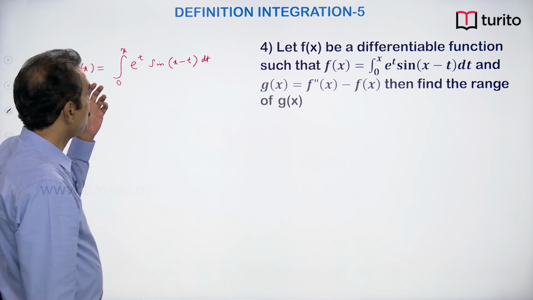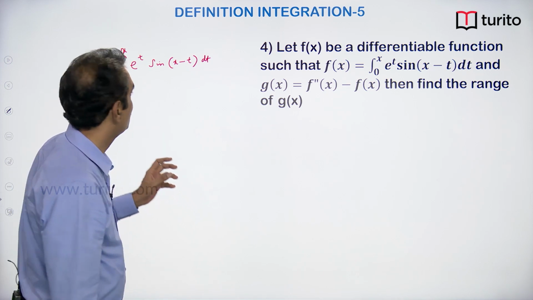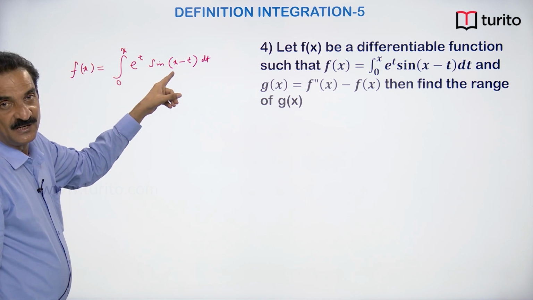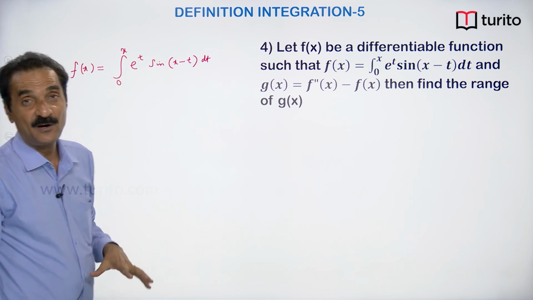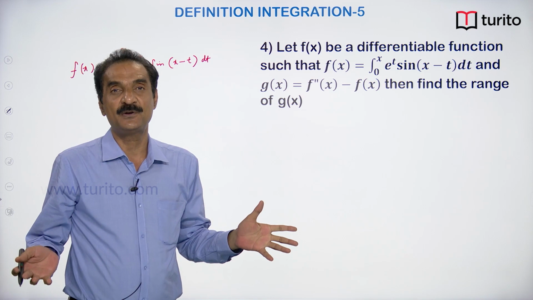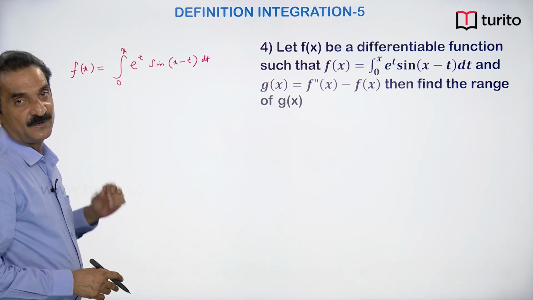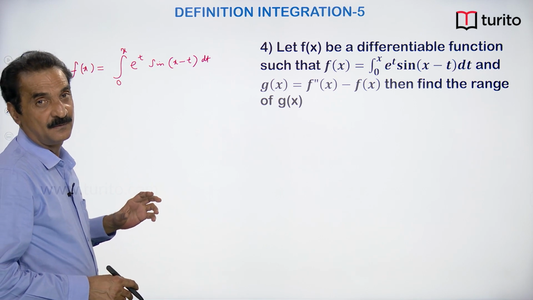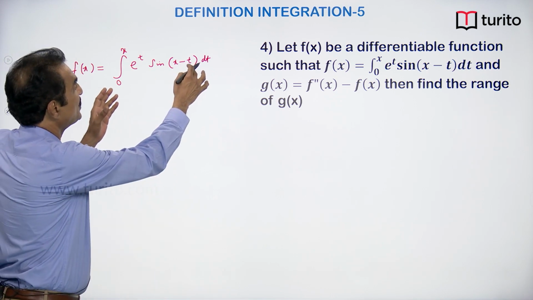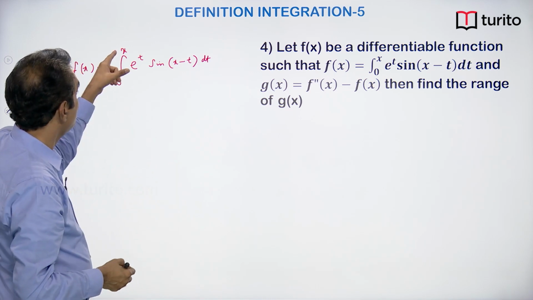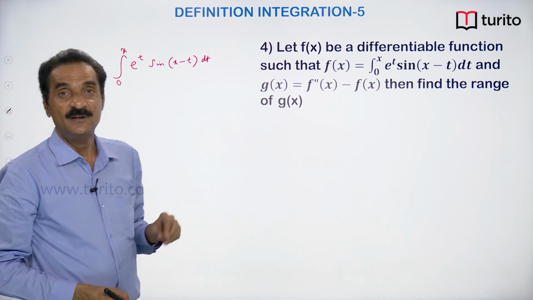Now, if you want to differentiate this, this integral is with respect to t, x is independent of t, x and t are independent of each other. Then how to differentiate this with respect to x? We cannot just treat t as a constant and differentiate just like the previous question, because the limit of t is also in terms of x.